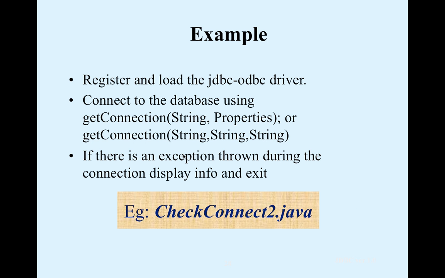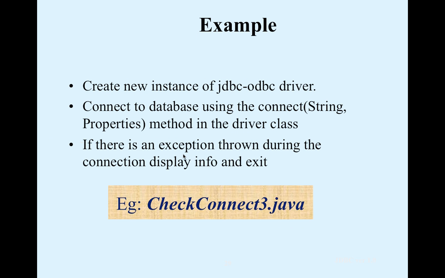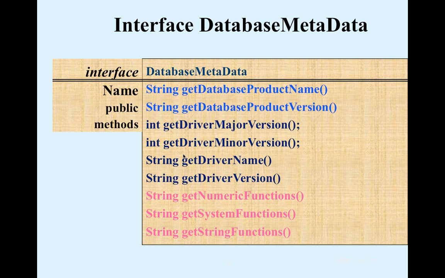So this is about type 2 driver. You guys can look at that type 2 driver thing. All right, so interface DatabaseMetaData. It's going to give you more details about the major version, minor version of the database, and database product name, like details about the database. If you want to know anything, you see metadata.